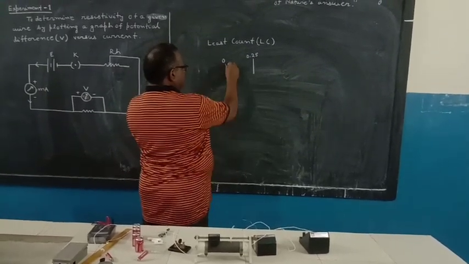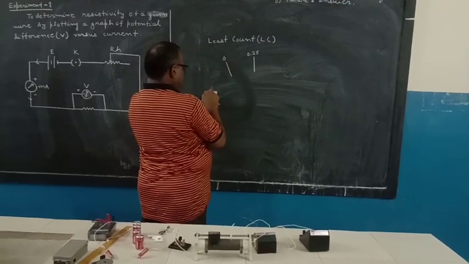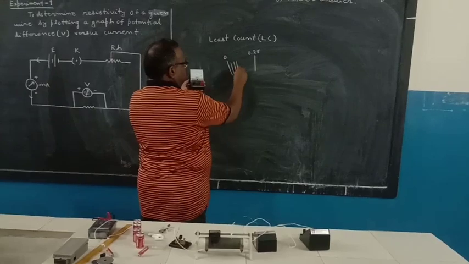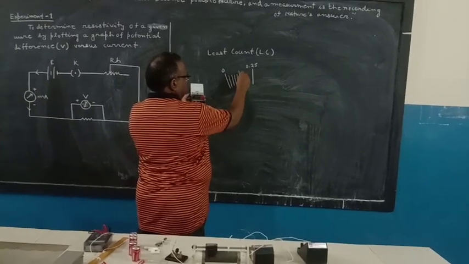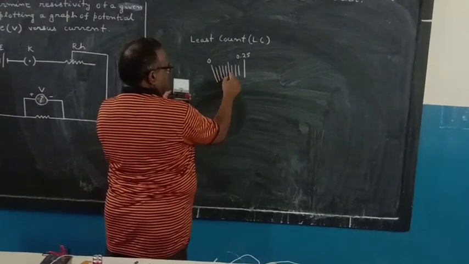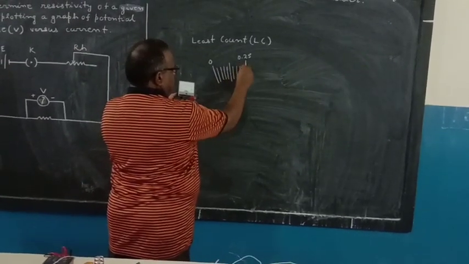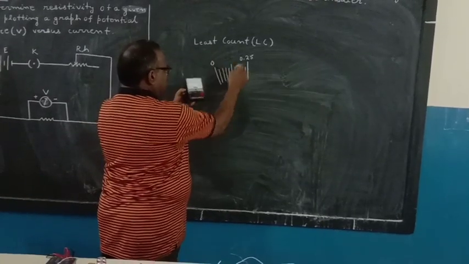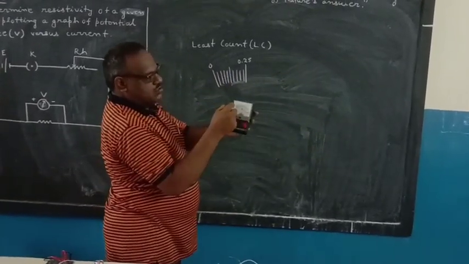Here you see there are 10 divisions in between them: 1, 2, 3, 4, 5, 6, 7. I am taking from this to this.